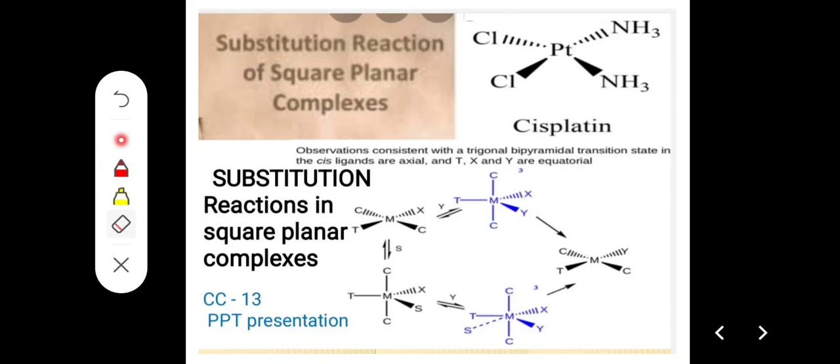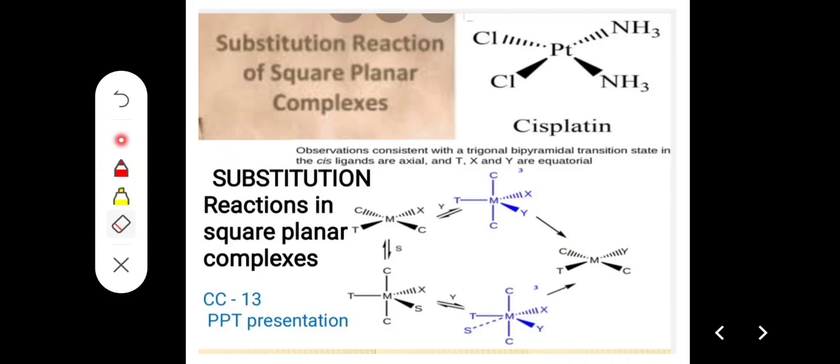But when we consider square planar complexes, the upper and lower sides are vacant. So enough space is there, and it is easy for a nucleophile or solvent to attack from the top or bottom side of the square planar complex.